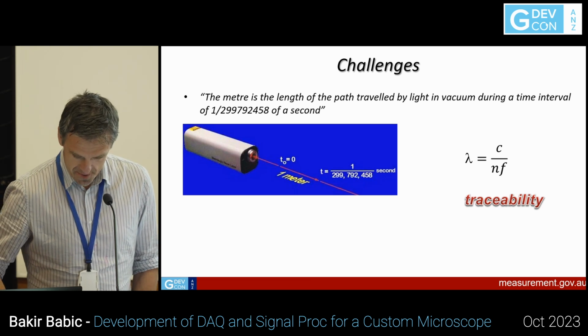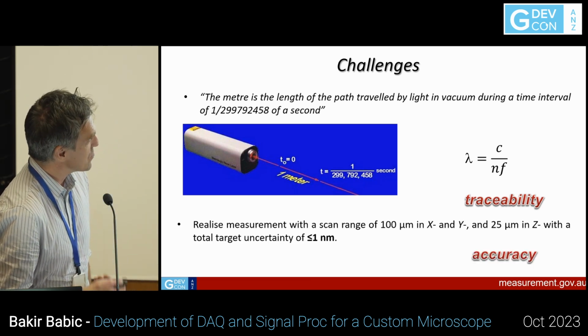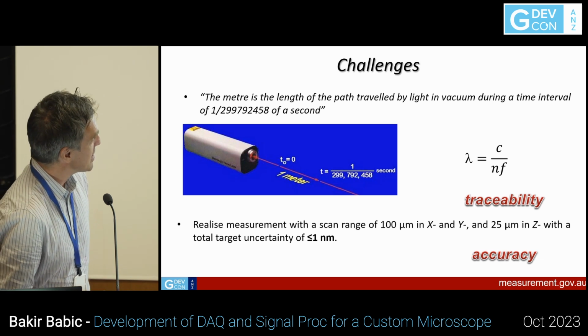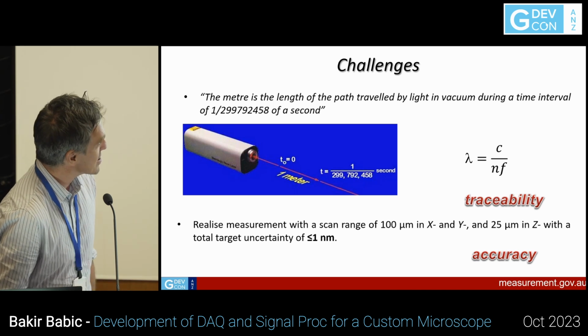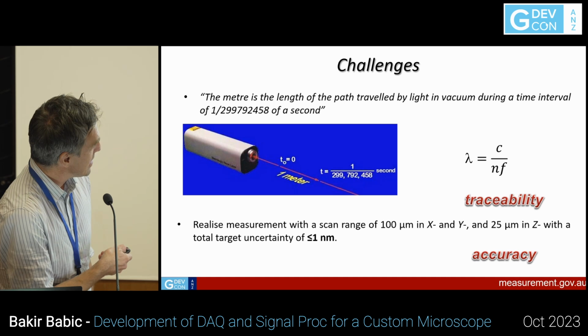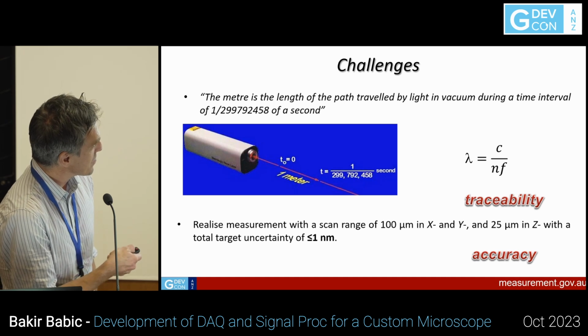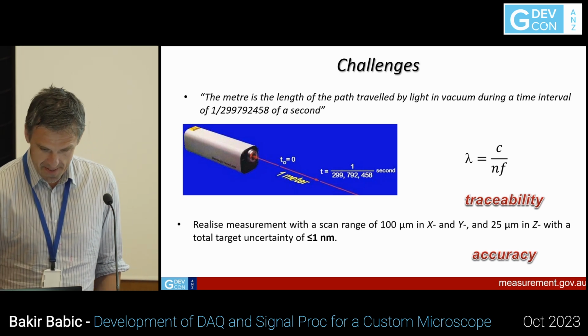And then at an NMI, what we are doing a lot is we want to boost the accuracy. And in our case, for dimensional measurement at the nanoscale, we are targeting something like 1 nanometer uncertainty in this volume, 100 by 100 by 25 micron.